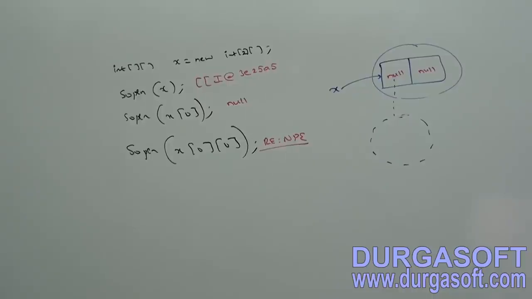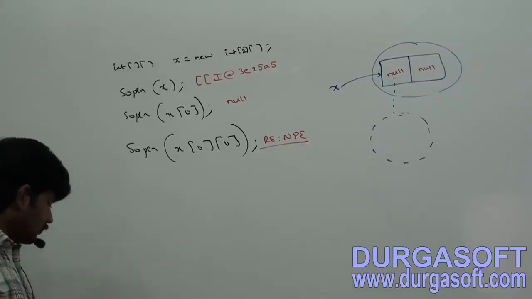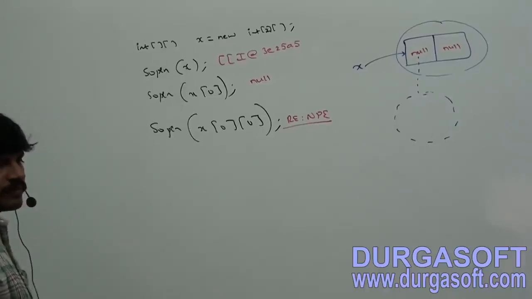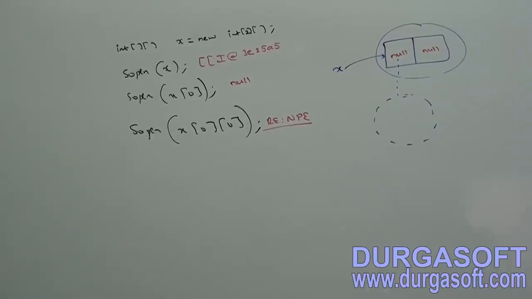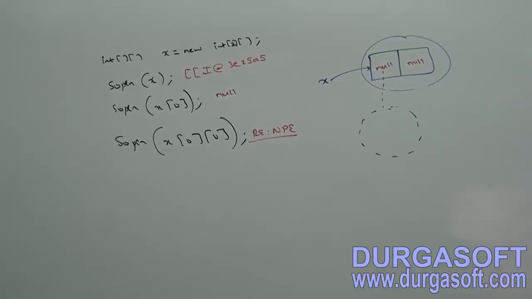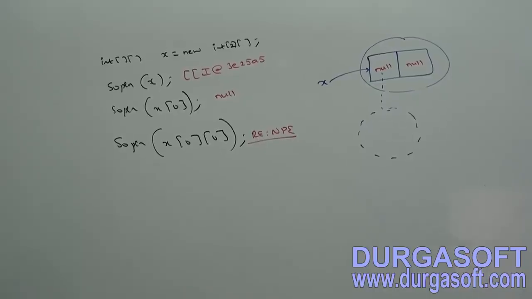Okay, take this example 3. Example 3. Take clearly. Two-dimensional array x is equal to new two-dimensional array of 2.